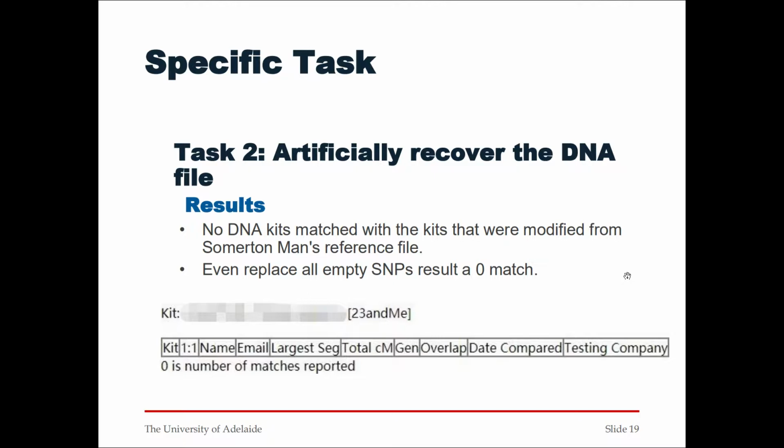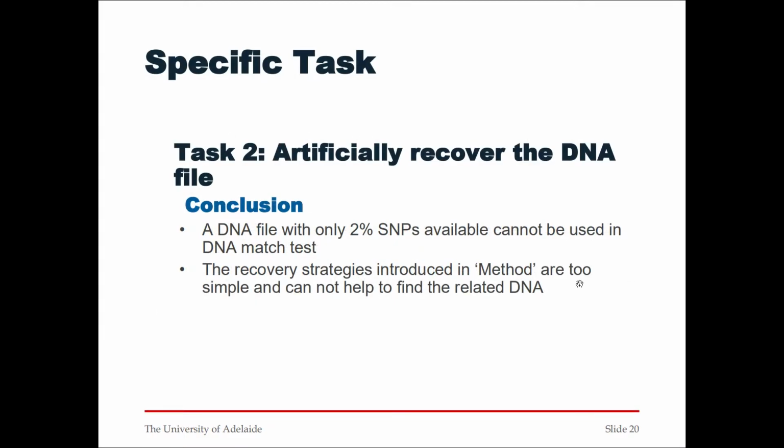Then we tried to recover more and more SNPs, but even when we recovered all the empty SNPs, the result still remained 0. So in conclusion, for a low-quality DNA reference file, it is nearly impossible to find any related DNA kit in the GEDmatch database, and simple recovery strategies cannot help to improve the match results.